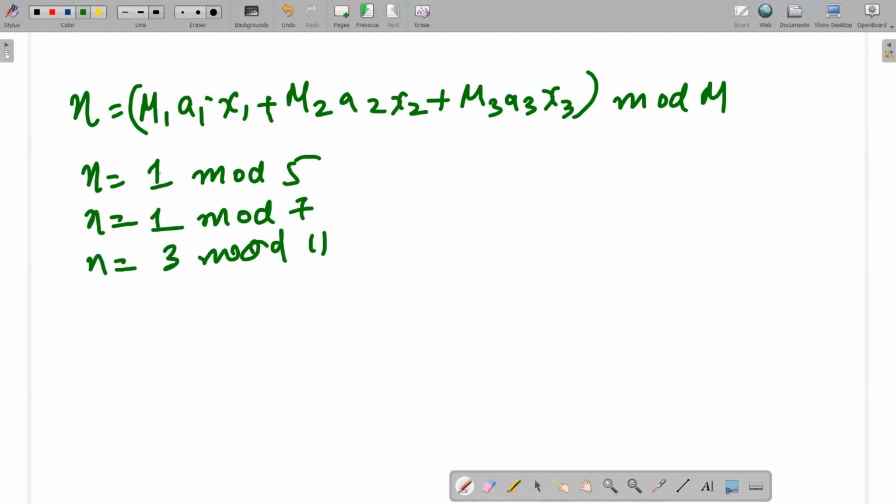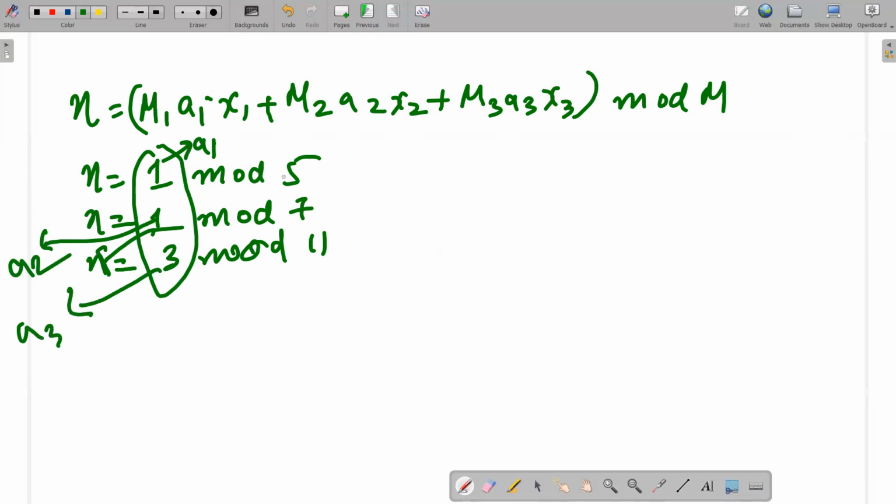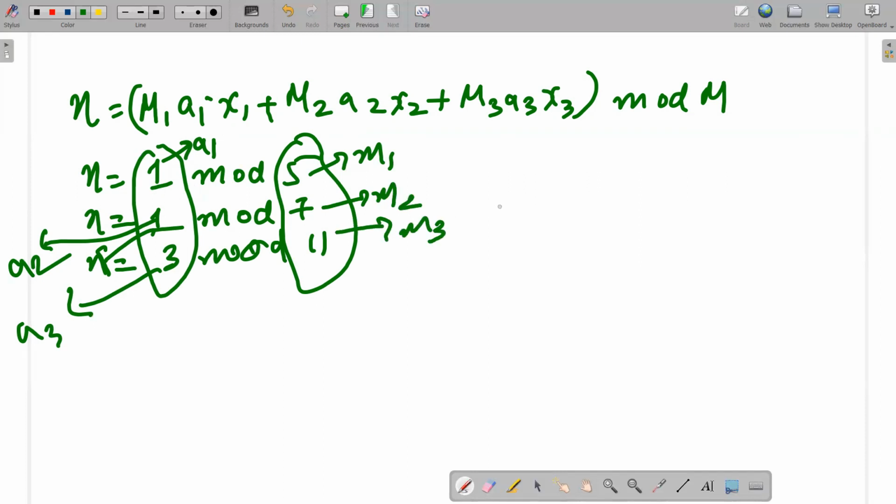These 1, 1, 3 are known as a1, a2, and a3, and 5, 7, 11 are small m1, m2, m3.